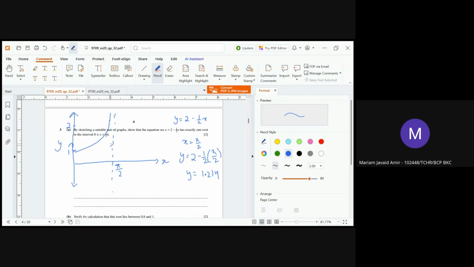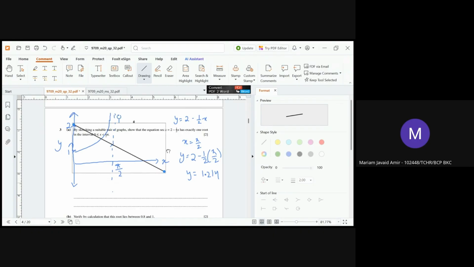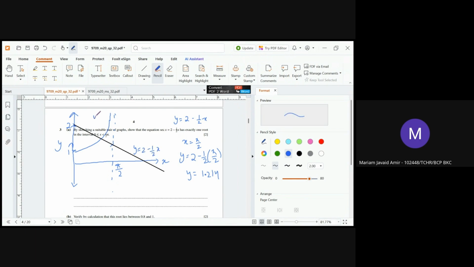So now I'm going to make a straight line passing through these 2 points. So that's the second graph for y equals 2 minus half x. Label these graphs properly. This is y equals 2 minus half x, and this is y equals secant x.